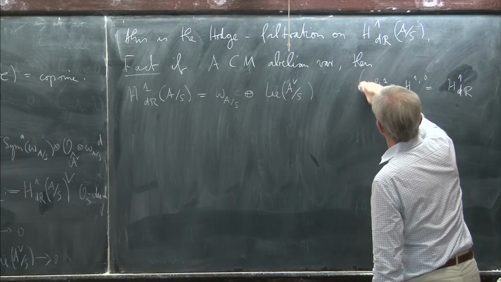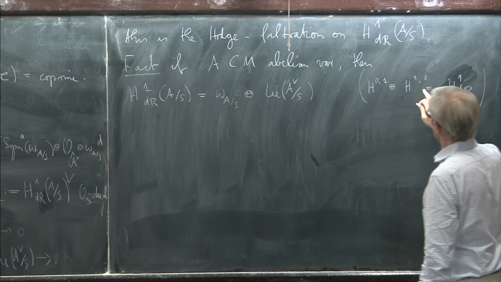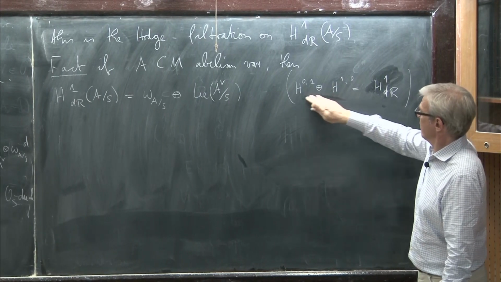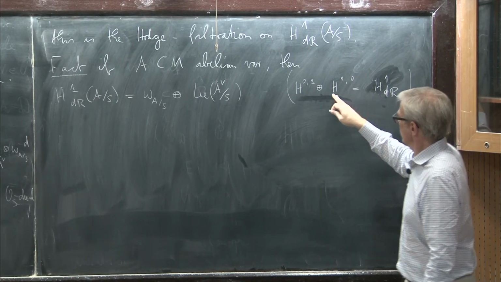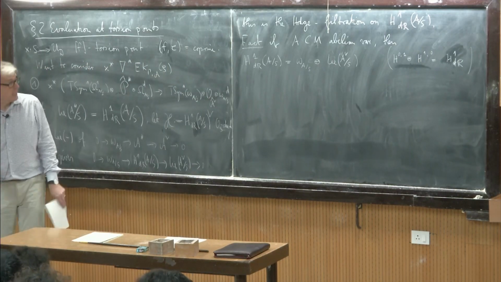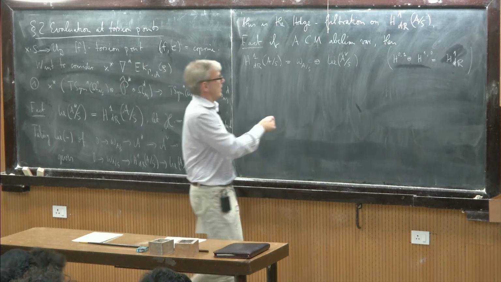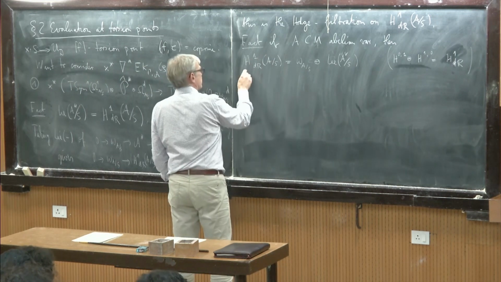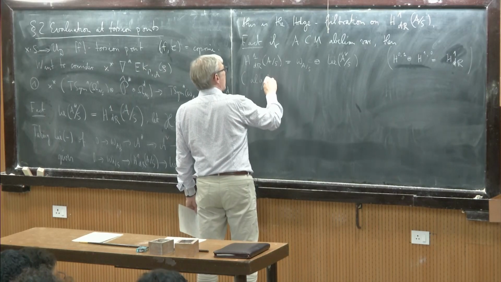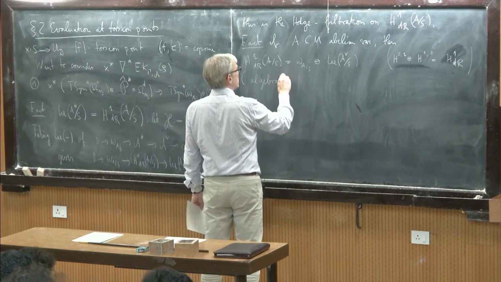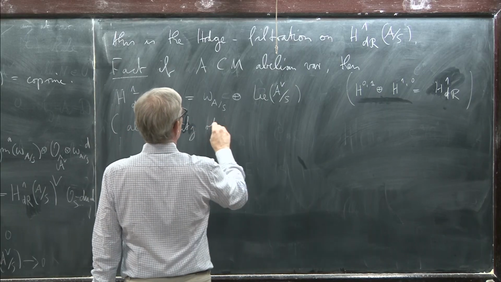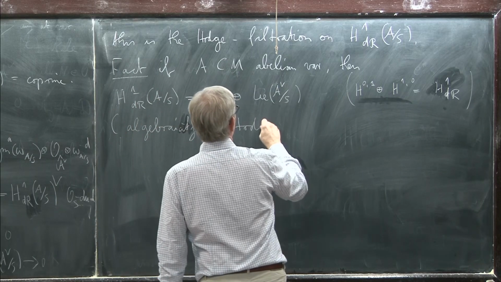This is some form of the Hodge decomposition, and in general this is never an algebraic splitting. It depends on analysis, on the theory of harmonic forms, but here it is possible to have an algebraic splitting. So this is the algebraicity of the Hodge decomposition.